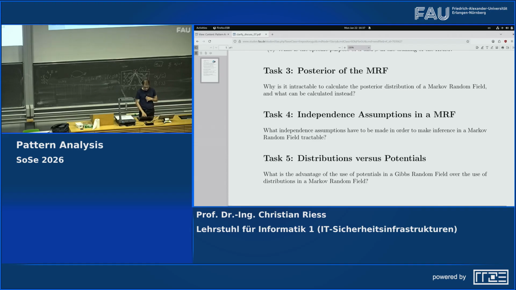Then let's briefly talk about the independence assumptions in a Markov random field. Like just list them, and then an advantage about distributions with, an advantage of potentials over distributions.